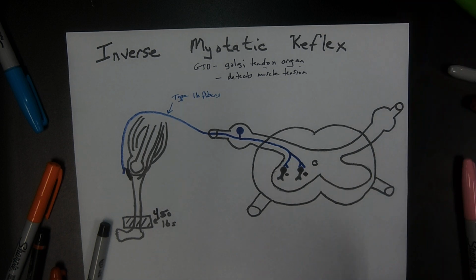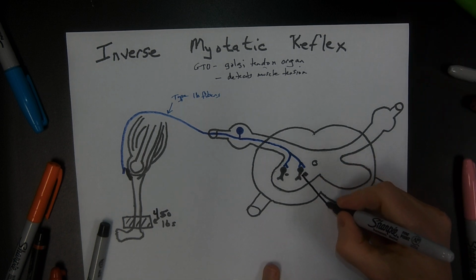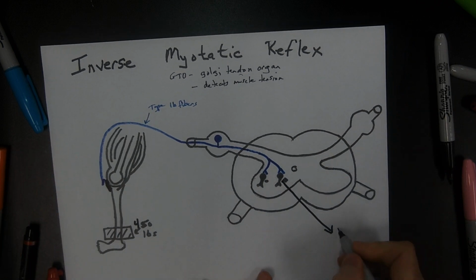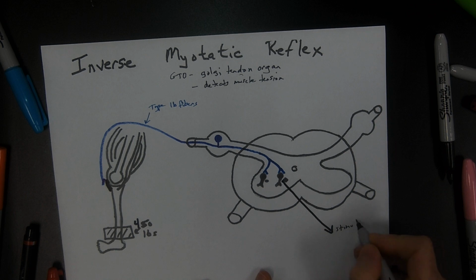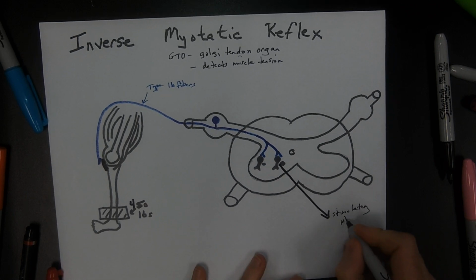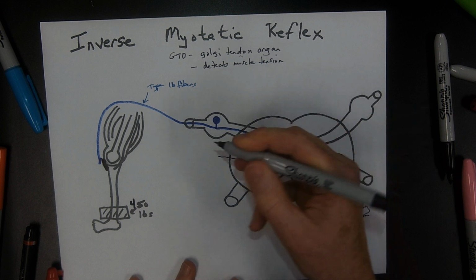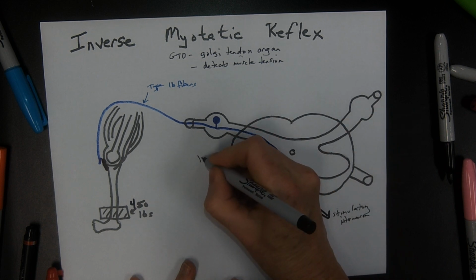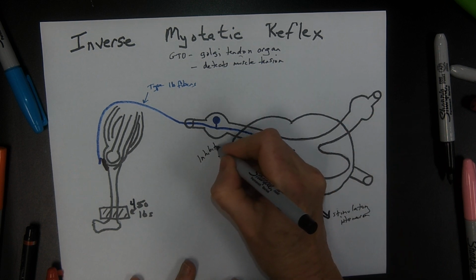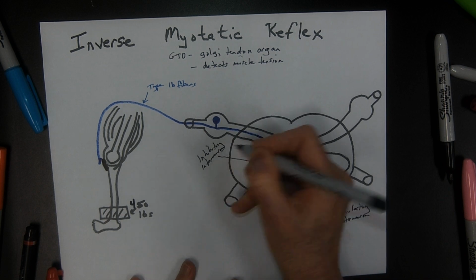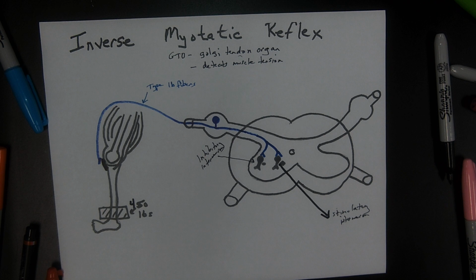Let me label those. This is a stimulatory interneuron, and these are just connectors. And this one's going to be an inhibitory interneuron. Okay, so stimulatory and inhibitory interneurons.